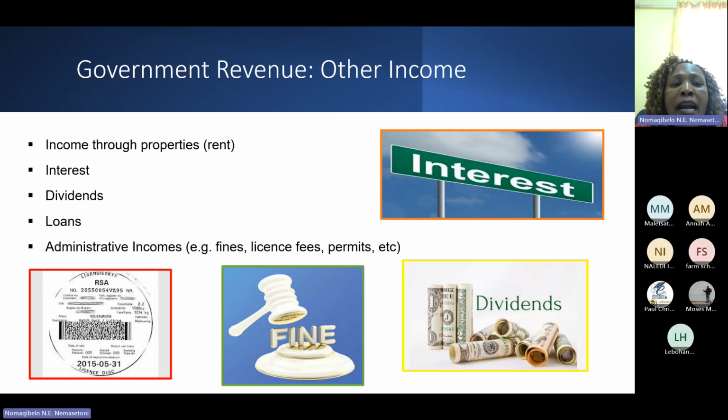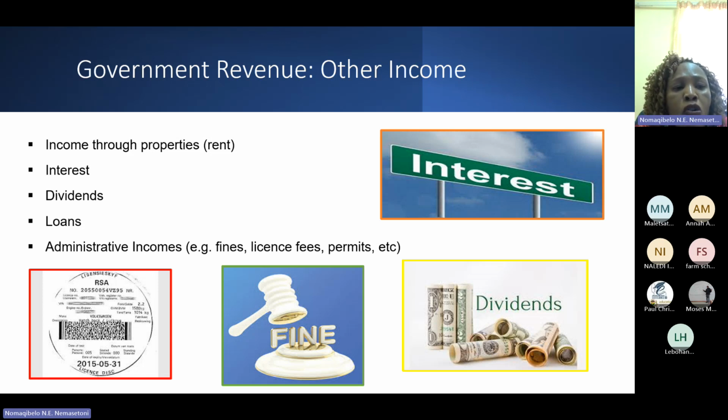And then we come to the government revenue, that is other types of revenue that the government can generate. So we also have properties that are rented by the government, and then they generate an interest for them, or a rent is paid on the properties. And then we also have dividends from the investments that are made by the government.